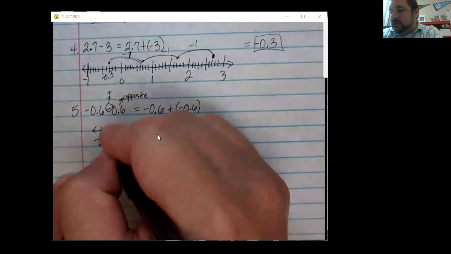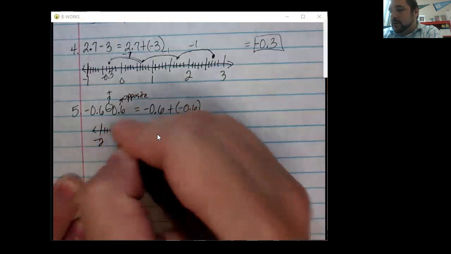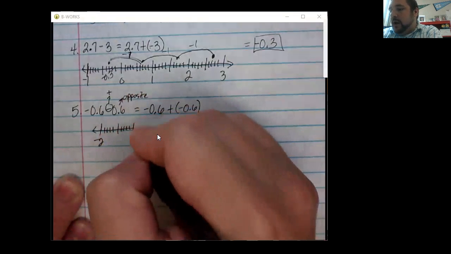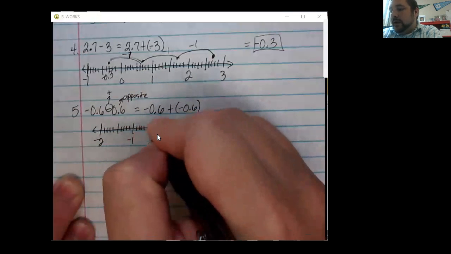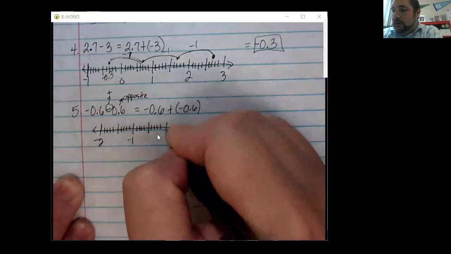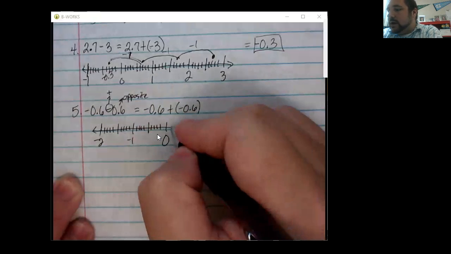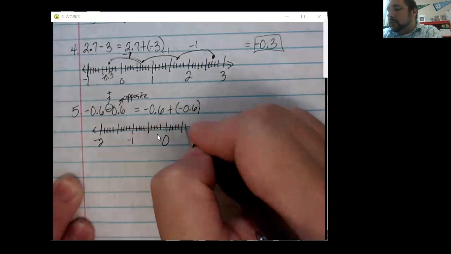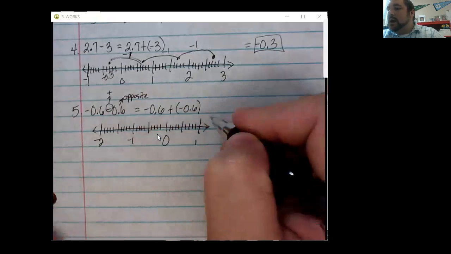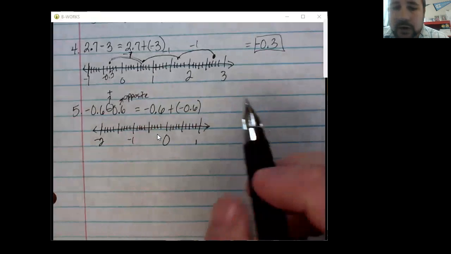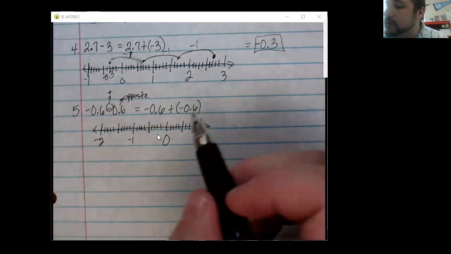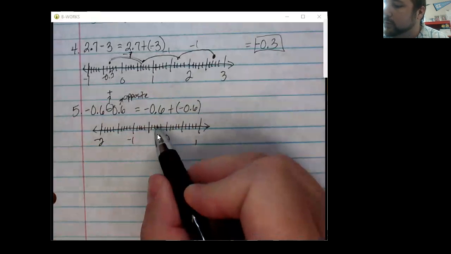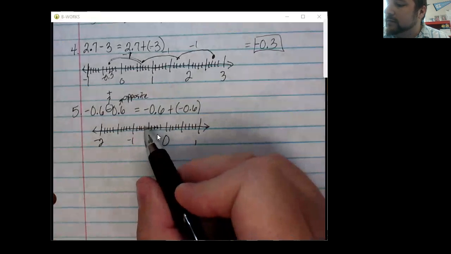Negative 2, 1, 2, 3, 4, 5. 1, 2, 3, 4, 5. 1, 2, 3, 4. And we can go the other side. So negative 0.6. Each line again is 0.1. So 0.1, 0.2, 0.3, 0.4, 0.5, negative 0.6.